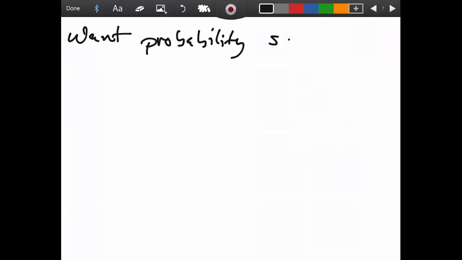All right. So we know that we want the probability of a sample with mean greater than 471.